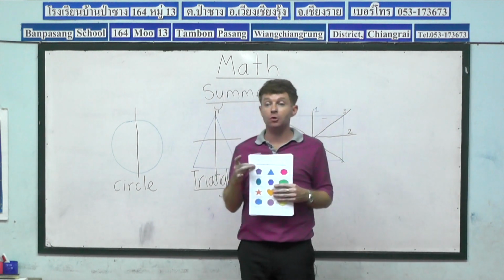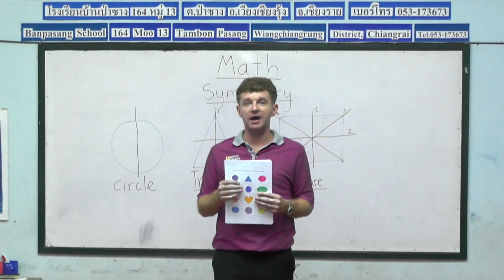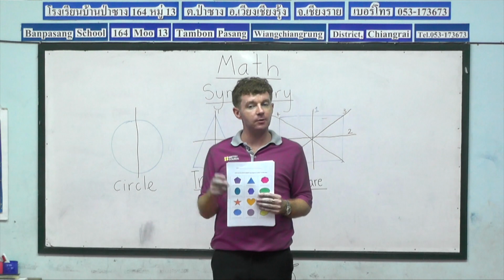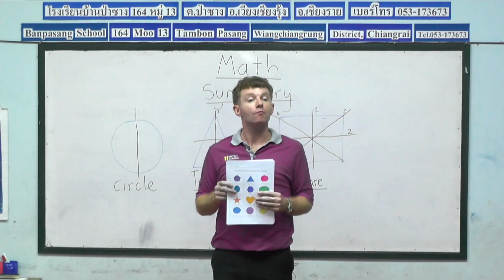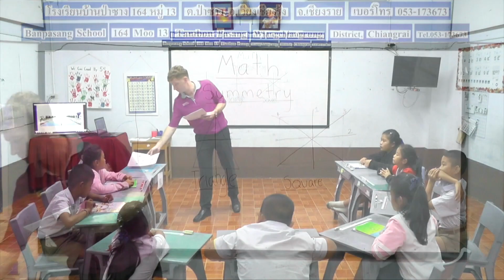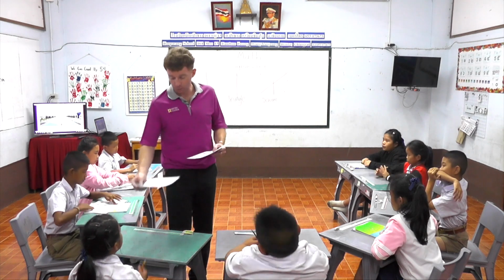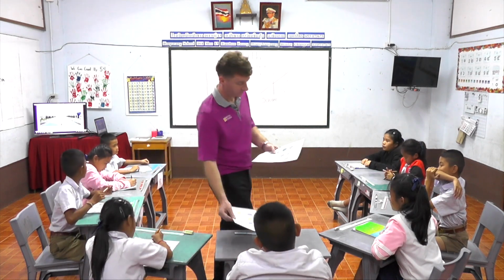So let's go through our shapes and see how many different lines of symmetry we can find on each. But what's the first thing we must do? Write our names on top. Excellent, guys. So this one's for you, and for you.